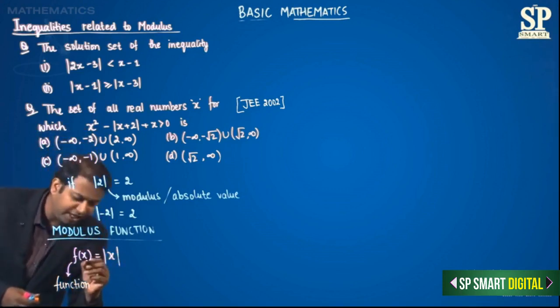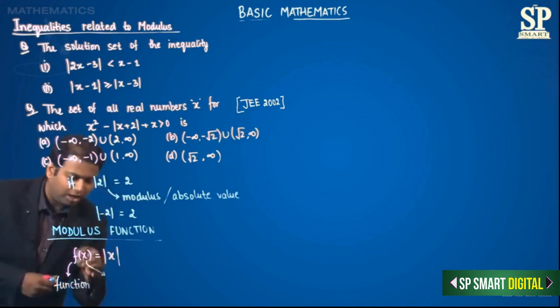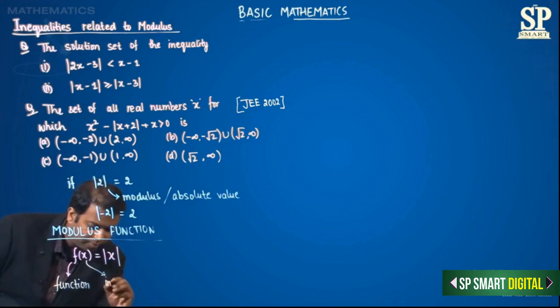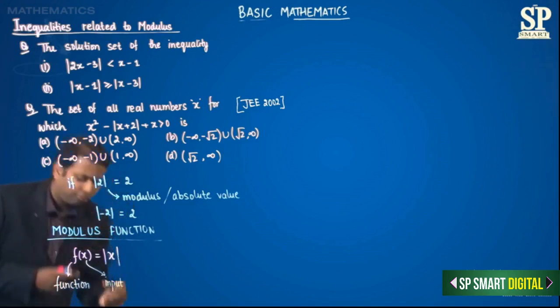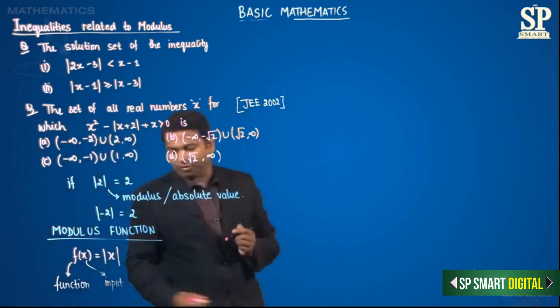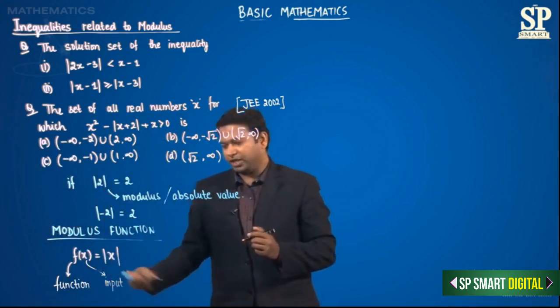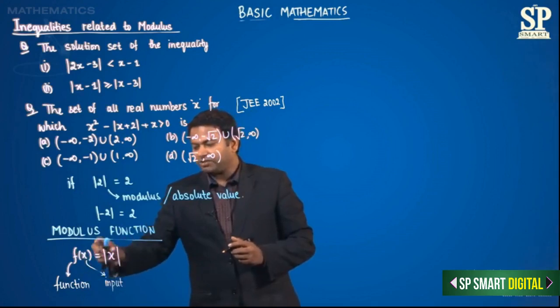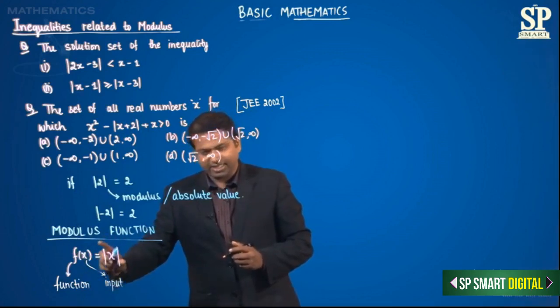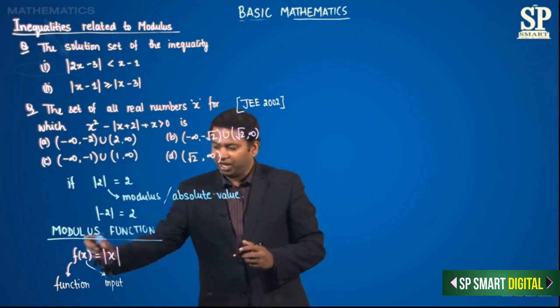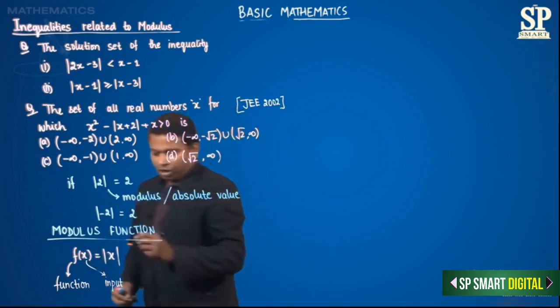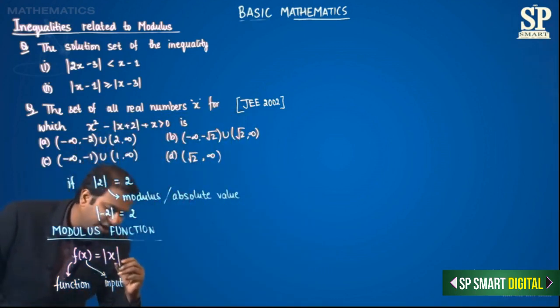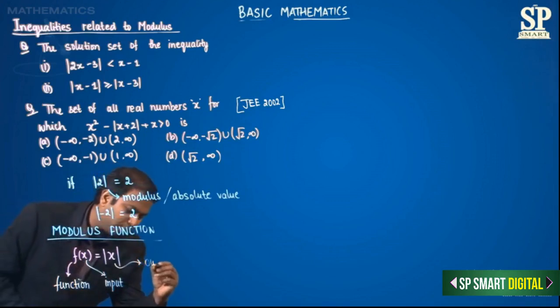It takes the input as x. We feed in the input in the form of x, and what it gives us is the output. In this case it gives us mod of x, because we have taken the function f(x) as mod of x. So on the right hand side, this is the output.